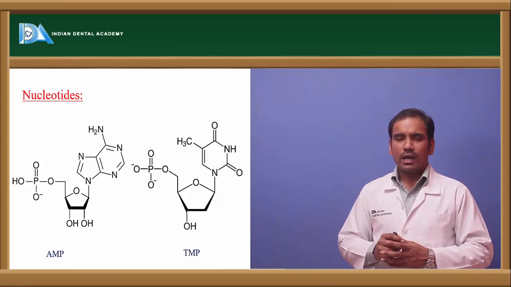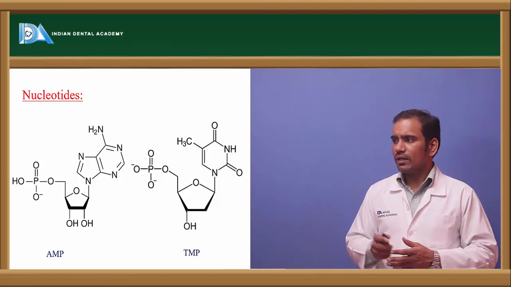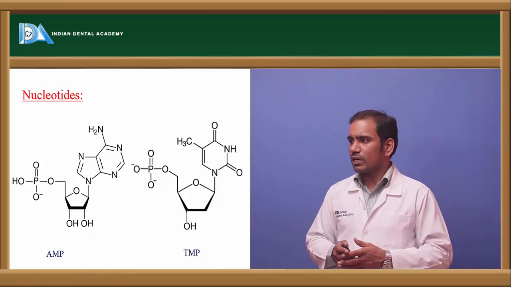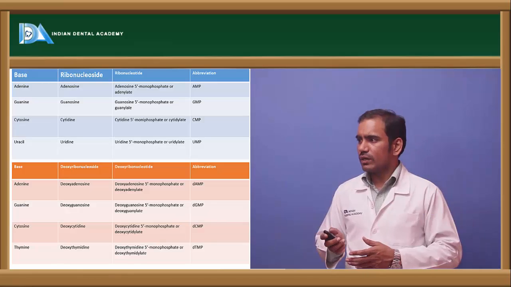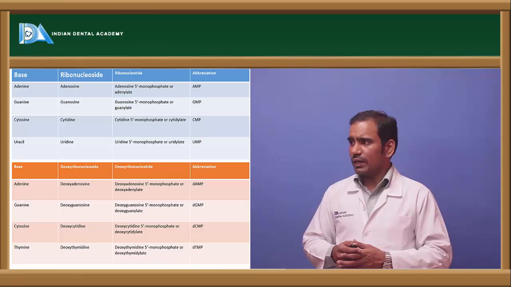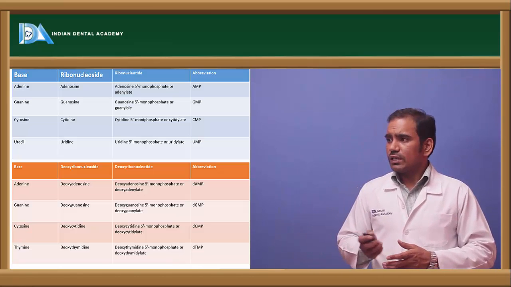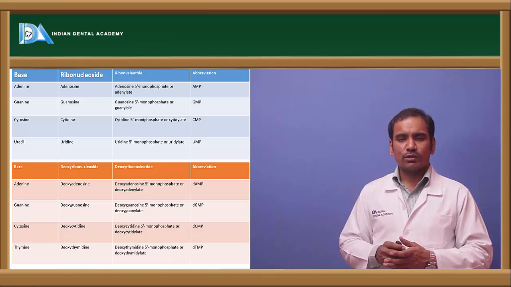So adenosine monophosphate is nothing but a nucleotide. In the same way, TMP is thymidine monophosphate, having the nitrogenous base thymine, ribose and phosphoric acid esterified to the 5th carbon of ribose.